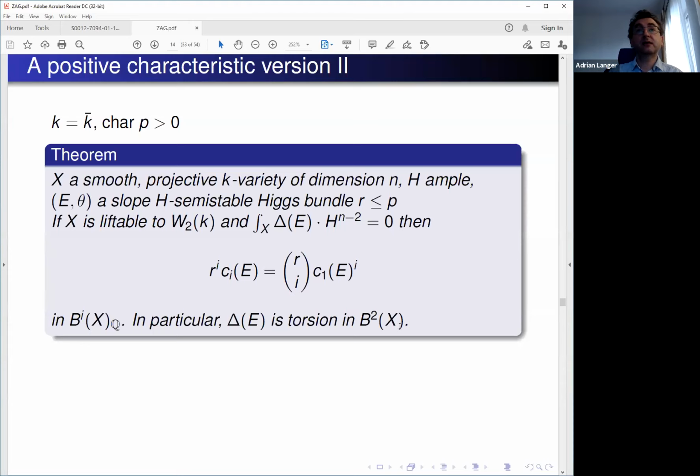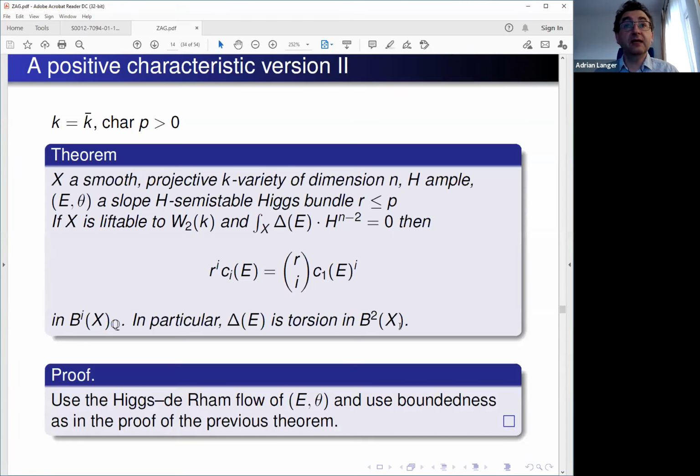Okay, so this can be also reformulated for slope semi-stable vector bundles with connections or with logarithmic connections, and the result is still the same. And then the proof is very similar to the previous proof, except that one needs to use the Higgs-de Rham flows.